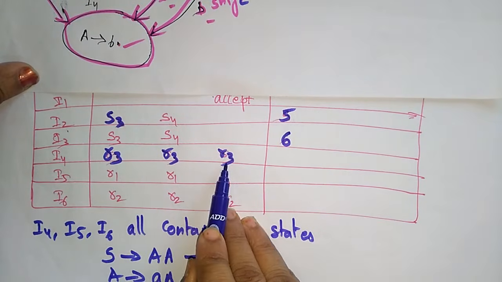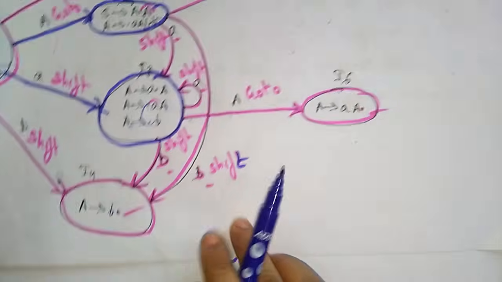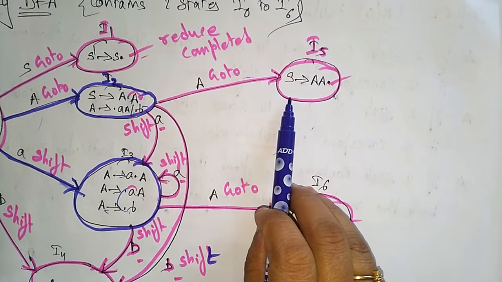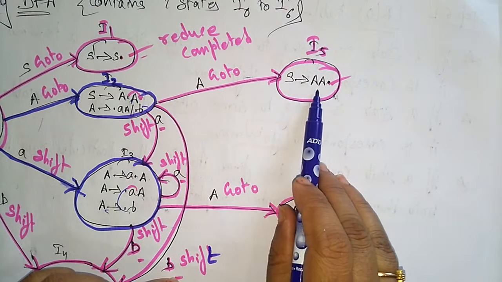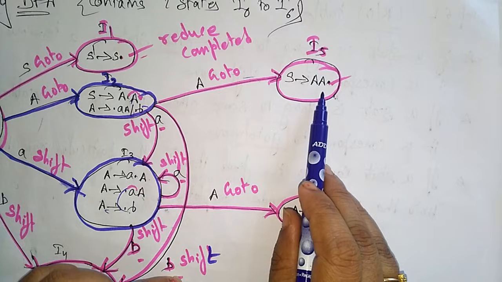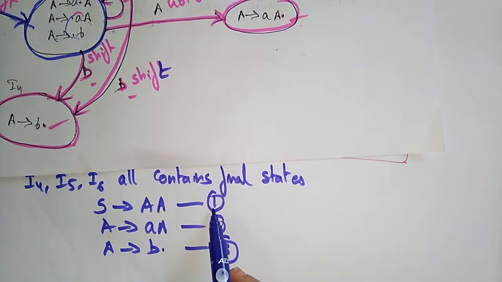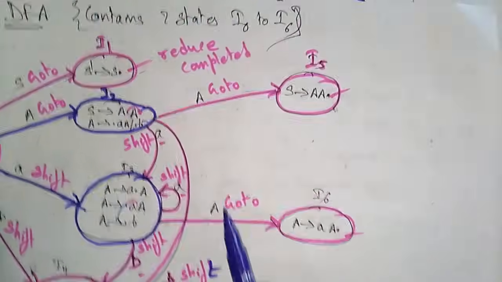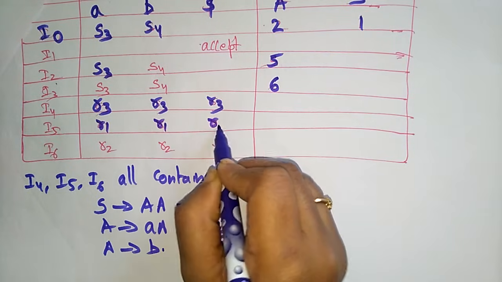So write R3 on the entire I4. Now I5. I5 contains the final item which derives S determines AA dot. That production corresponds to production number 1. So write R1 on the entire row.